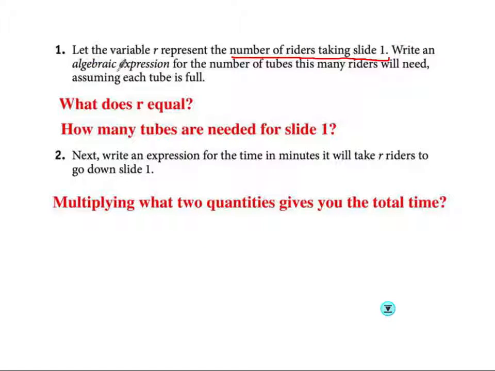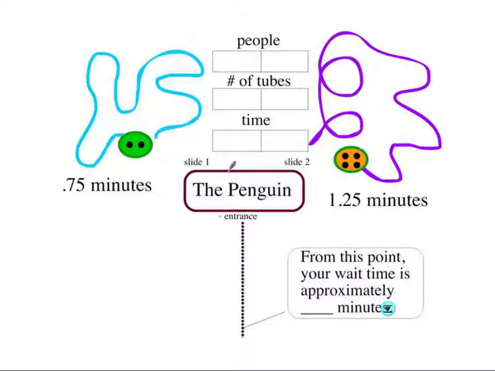Now we want to write an expression. Remember, an expression does not have an equal sign. For the number of tubes, we want to know how many tubes are going to be needed for slide 1. Let me take a look back here. There's 100 people in total. Out of those 100 people, either they go to slide 1 or they go to slide 2.